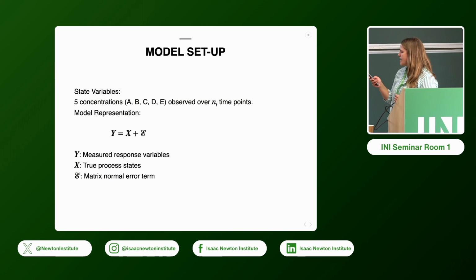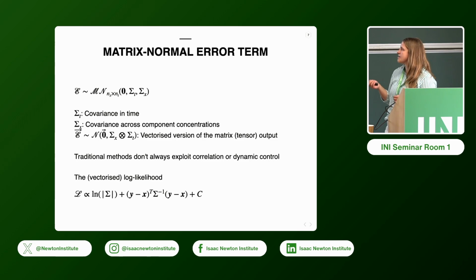And if you say that the model representation is that our measured response is equal to the true process states plus some error term, I want to write down this error term as a matrix normal distribution, where you have zero mean and two variance-covariance matrices, one for time points and one for different concentrations.